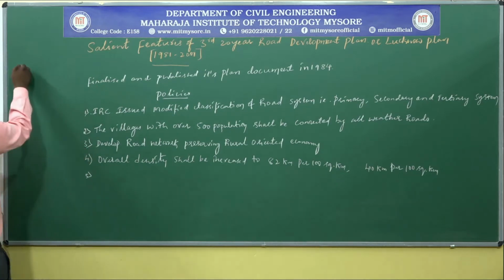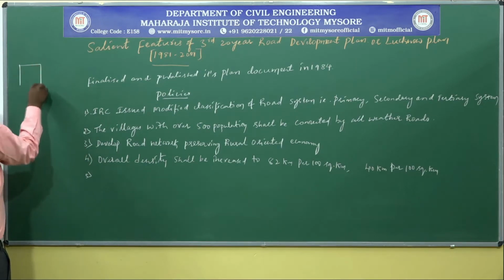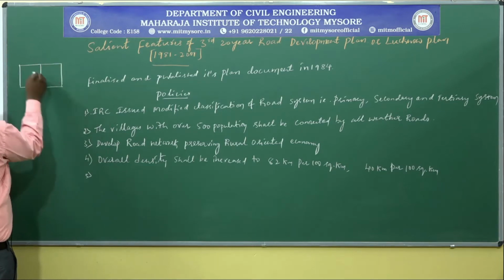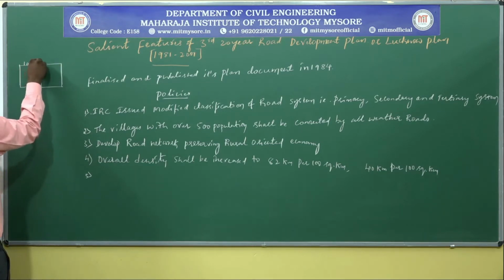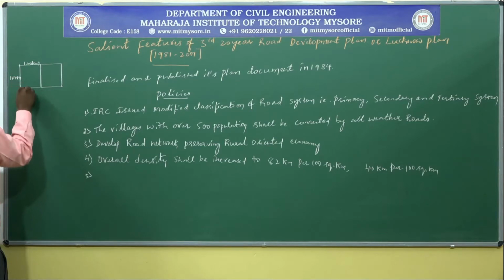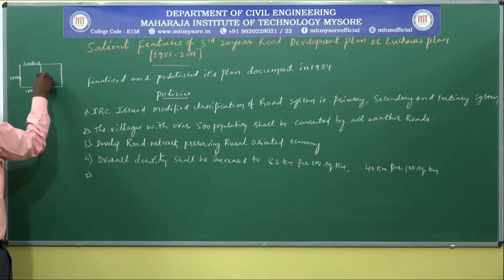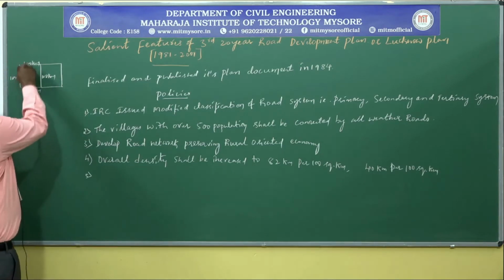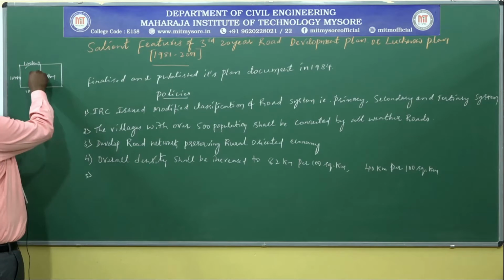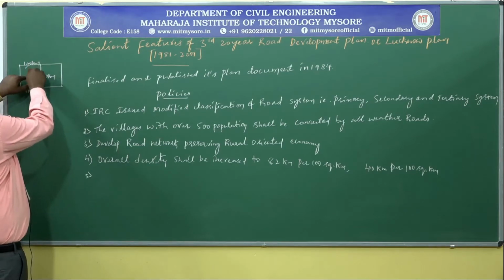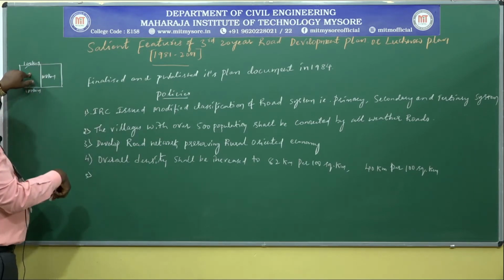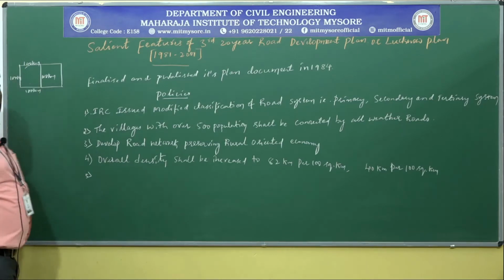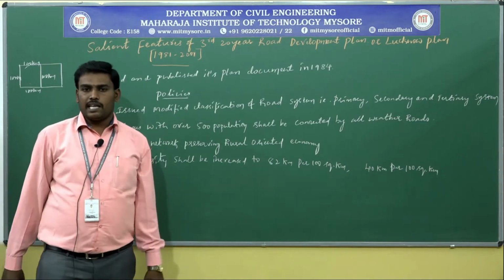Suppose these are 100 kilometer square grids of national highway. This is 100 kilometer, and this is also 100 kilometer, and this is also 100 kilometer. So whatever the area within the square should not be more than about 50 kilometer away from the national highway. So that is the square grid formation for the national highway.